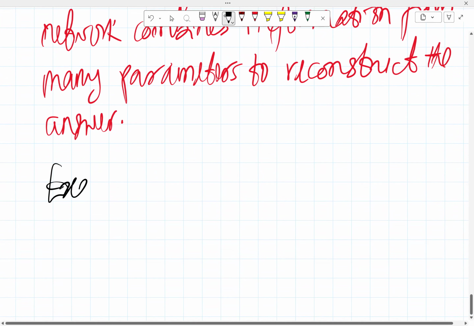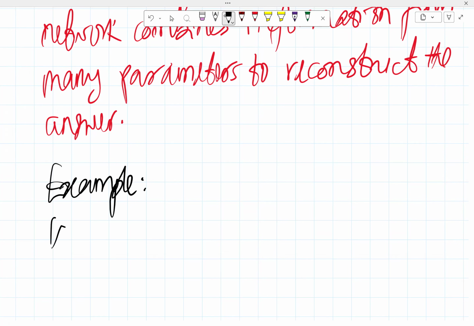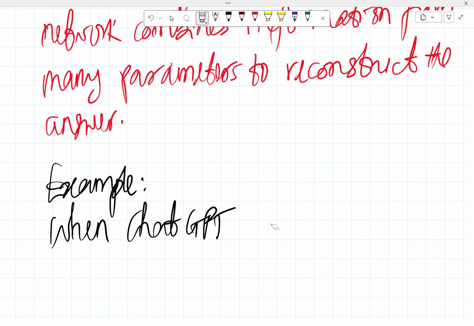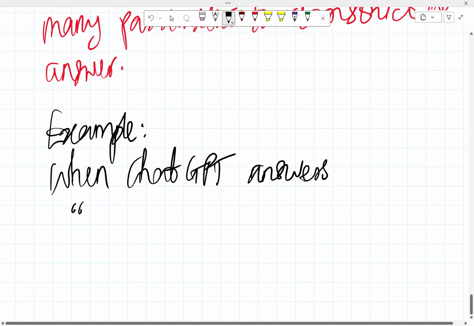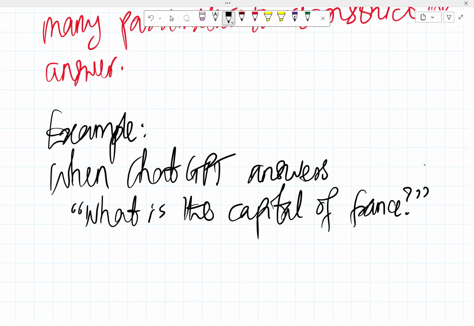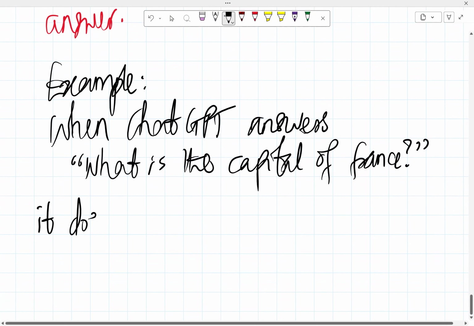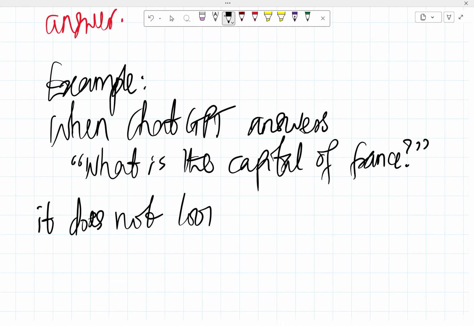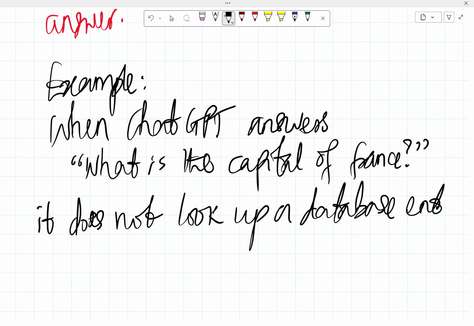Example, when ChatGPT answers, what is the capital of France? It does not look up a database entry.